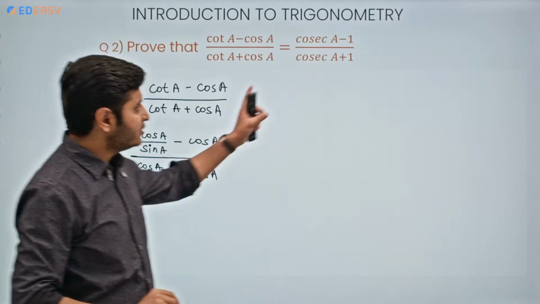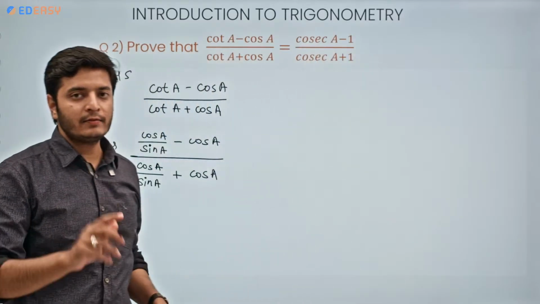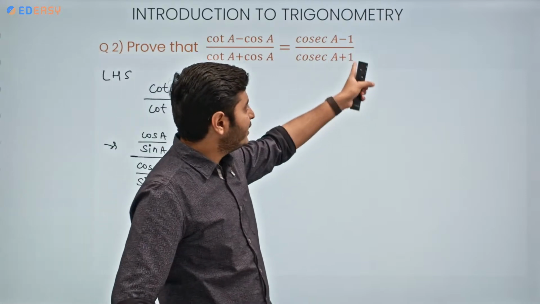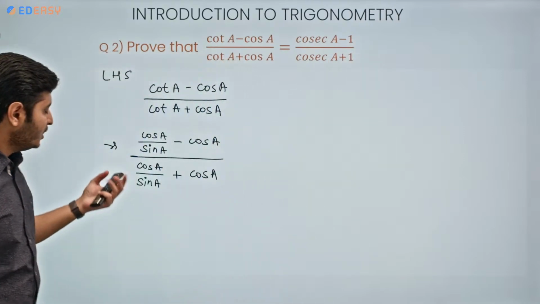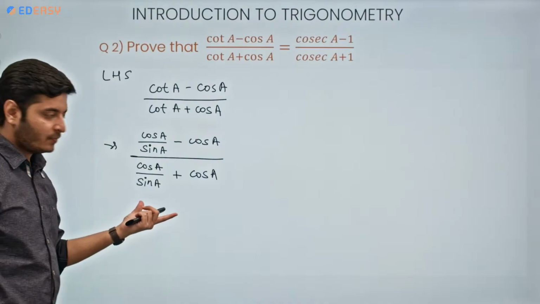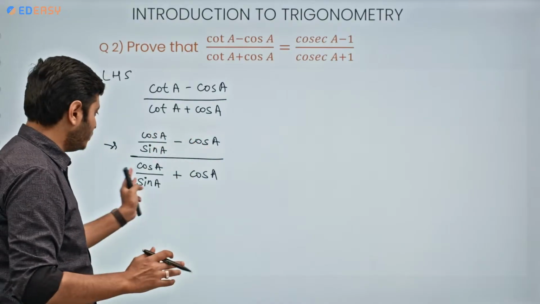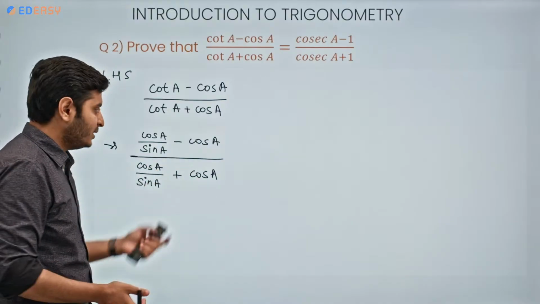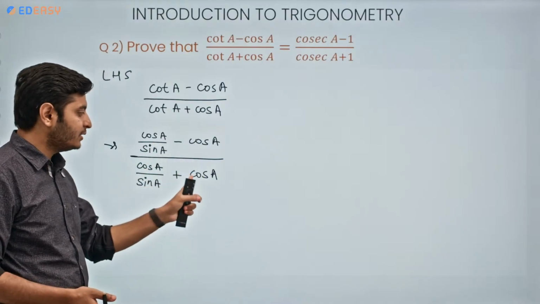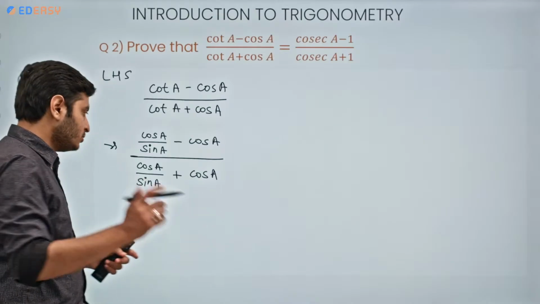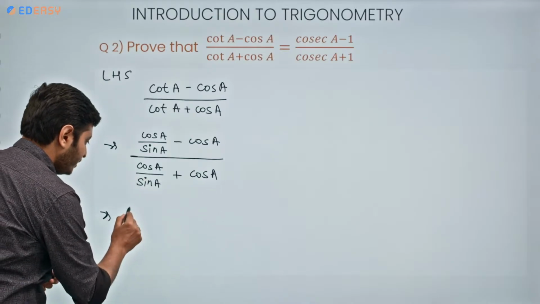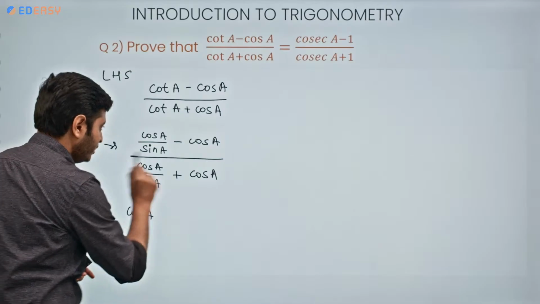Now what? As you can see in the right side of the given problem, we need minus 1 and plus 1. Is it possible somehow? Yes, it is. Suppose if I take cos A common from the numerator and cos A from the denominator, then in the bracket I will be having minus 1 here, plus 1 here, correct? So take cos A common in the numerator.